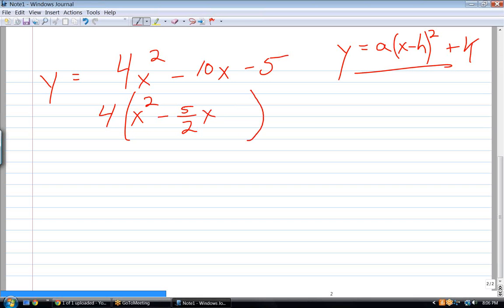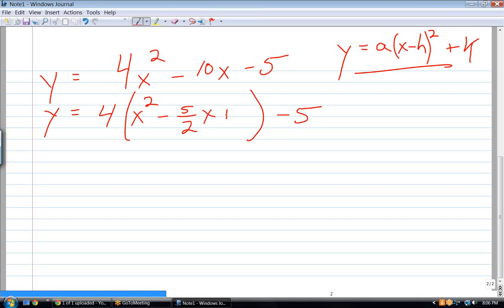And we're not doing anything with that -5, but putting it outside over here. So once again, it's always important to realize that at each of these steps, you haven't changed the equation. Notice that if I were to redistribute this 4, I'd get exactly the same thing I started with. Now we complete the square.